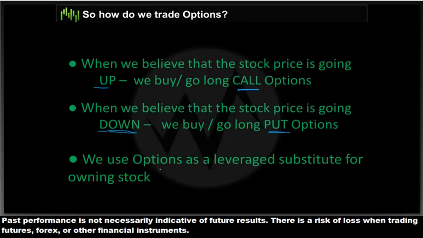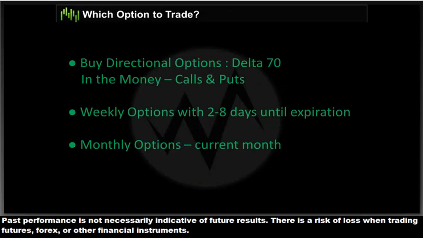Basically what we're doing is using options as a leverage substitute for owning stock. Okay, and again, this is just the first type of trade that I'm going to show you. There are other options strategies that we use in the options live trading room that we can use in swing trading trades, but I'll talk about that a little later.